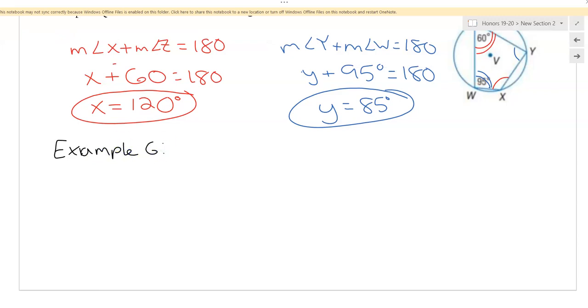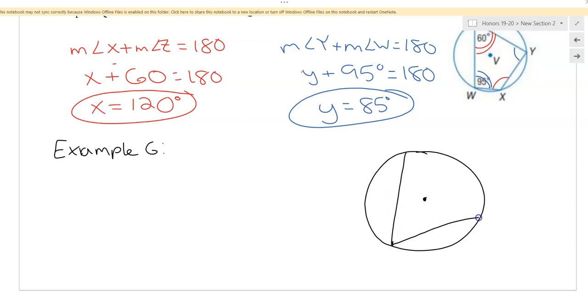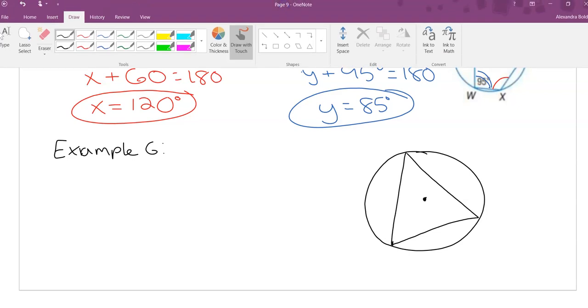Okay. And we're going to draw a lovely picture. It's a lovely circle in our center. And this goes with this one. This is an inscribed quadrilateral. This is an inscribed triangle, right?